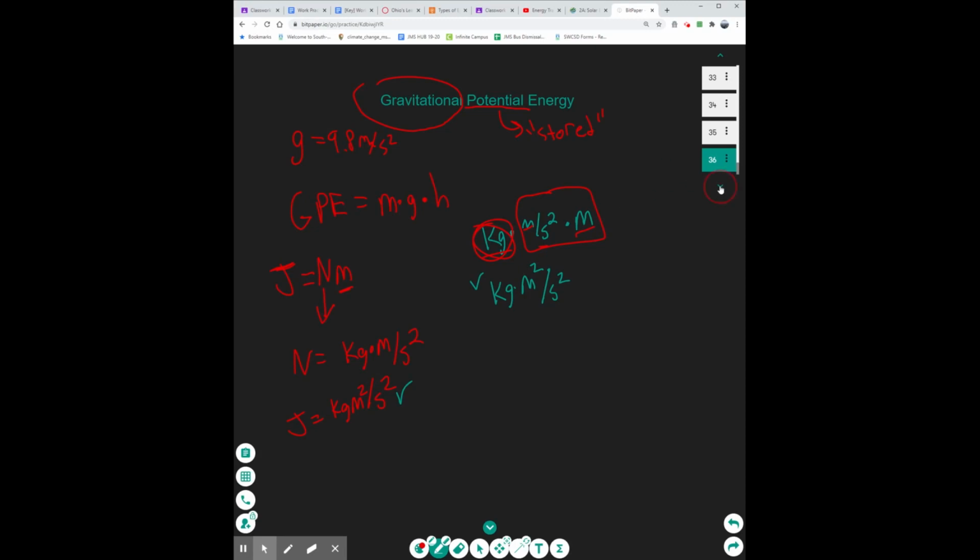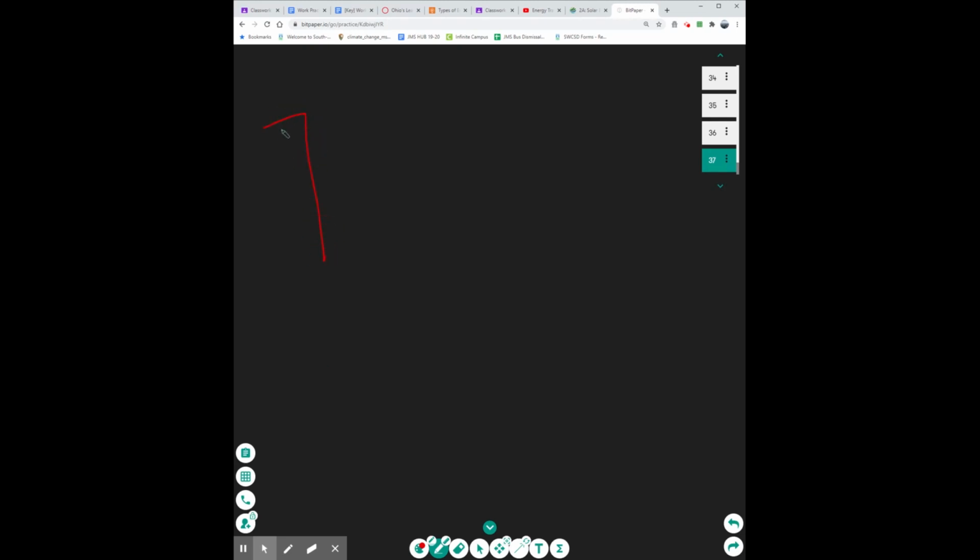So let's do some math, shall we? Let's do a really simple example. Here's a hill and here is a big boulder. That boulder has a mass, let's say, of 10 kilograms. And let's say that the height is 100 meters. If we want to know what is the GPE in the boulder, we'll call it GPE rock, it is equal to the mass of the rock, M times g times h.